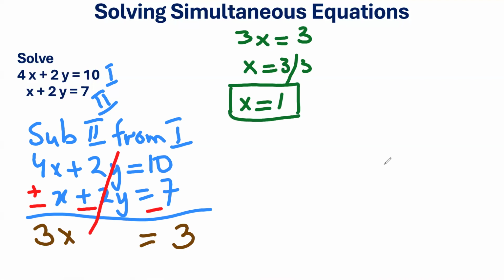Right? Now you have to find y. You can substitute x in equation 1 or equation 2 to find y. In any one of the equations, you have to substitute x. I'm taking equation number 1. Finding y.